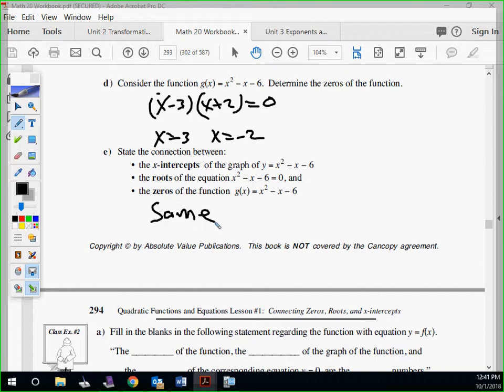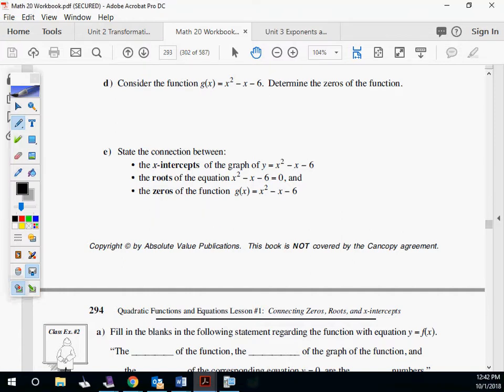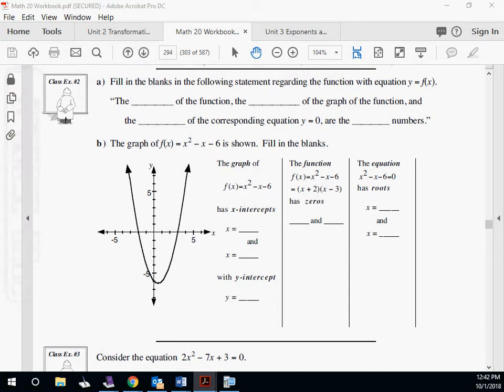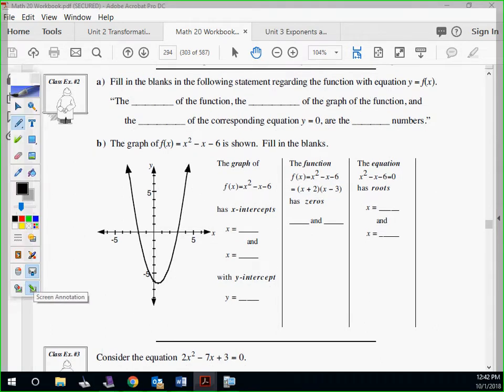As I stated before, roots, x-intercepts, and the zeros are all the same value. So, let's put it all together. Fill in the blanks of the following statement regarding the equation y equals f of x.